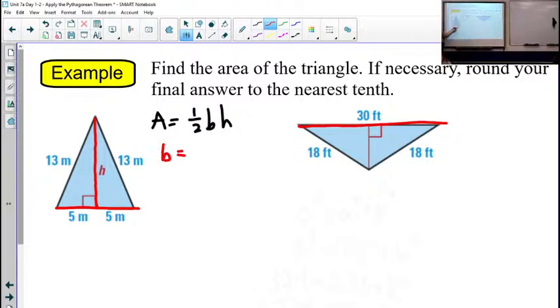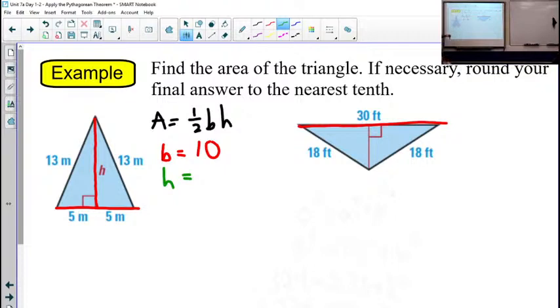The base is, here's 5 and here's 5 for a total of 10. The height, I don't know. It is this side length and I don't know it.